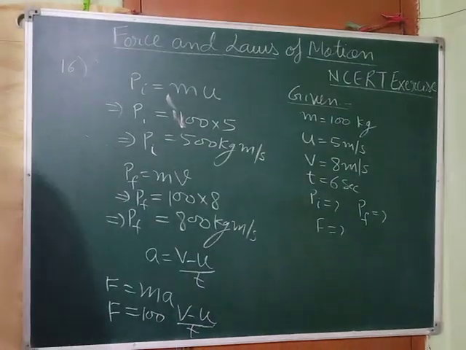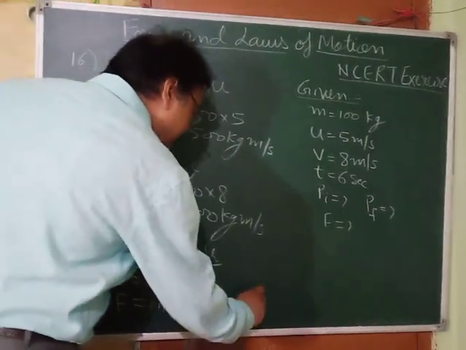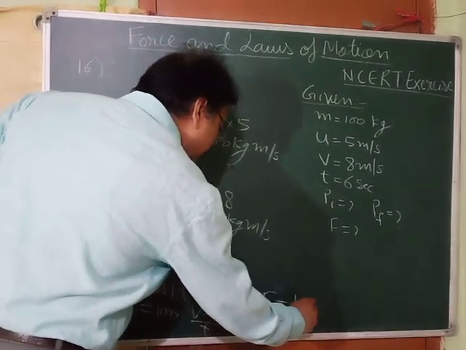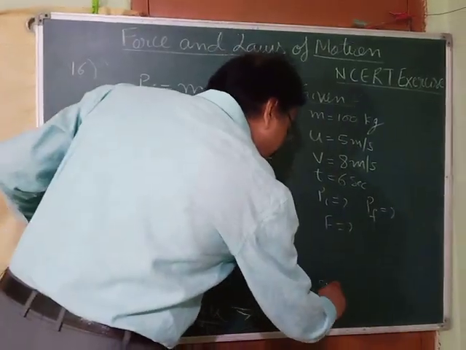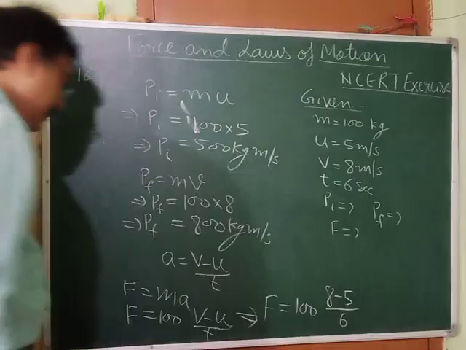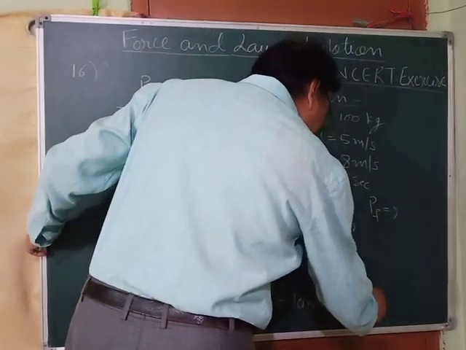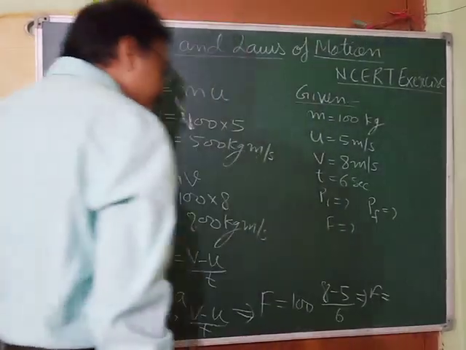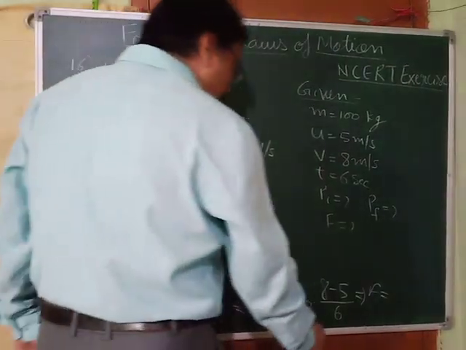So I hope you have noted this. Let's see, F is equal to 100, which is the mass. What is v? v is 8 meter per second. What is u? It is 5. What is time? It is 6. So what we'll get, F is equal to 100 into (8 minus 5) by 6.